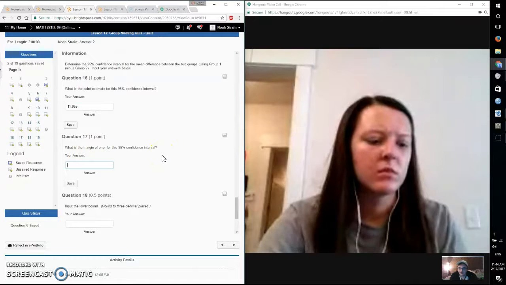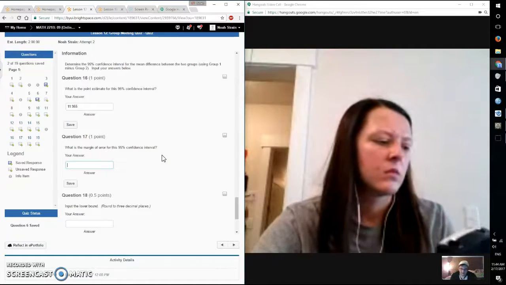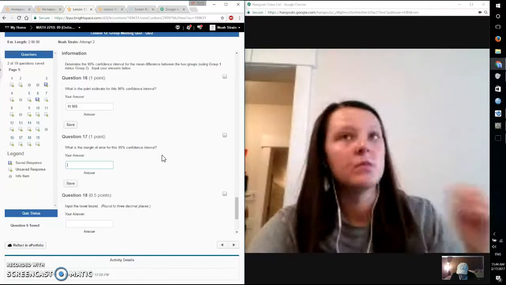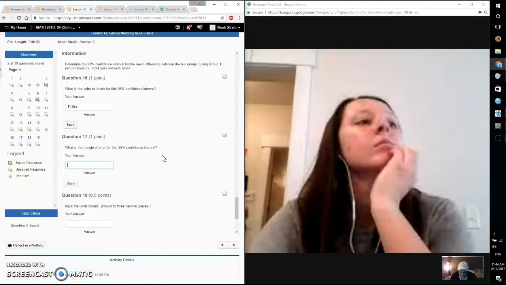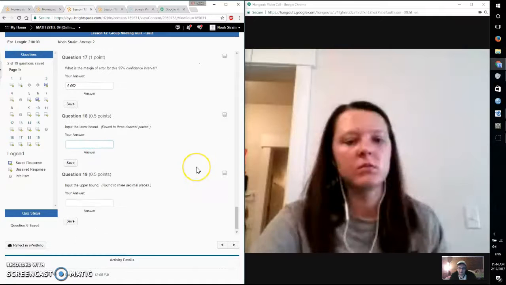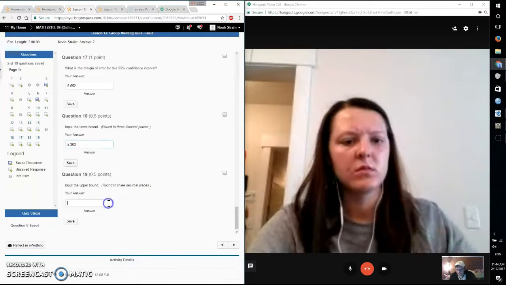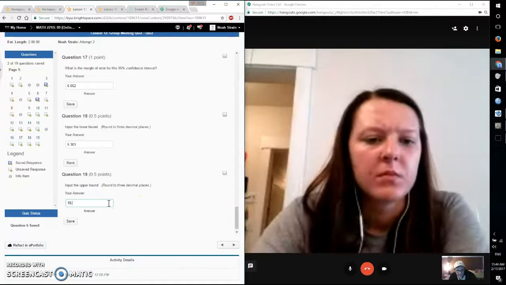And what is the margin of error? Well, we find that by taking our upper value, which is given to us, and subtracting our mean. So 18.607 minus 11.955 gives us 6.652. And then we can just simply read off the last two. The lower bound is 5.303, and the upper bound is 18.607.